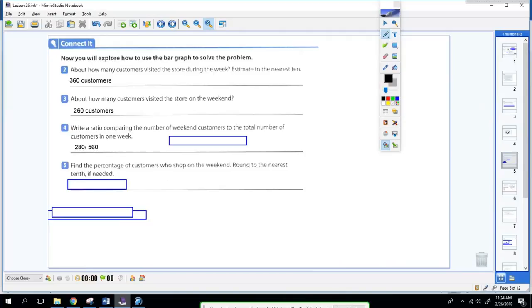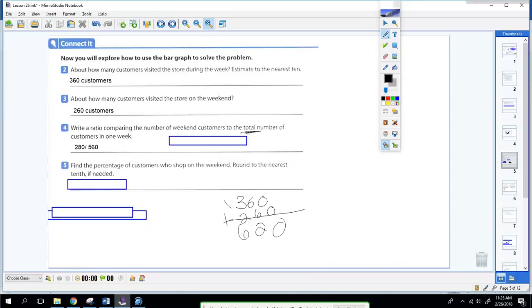So now we need to write a ratio, which I actually already showed you. Write a ratio comparing the number of weekend customers to the total number of customers in 1 week. To figure that out, we first have to figure out the total number. So we're going to take our week customers plus our weekend customers and add them together. And I think I added something wrong, because you get 620, which you should not.